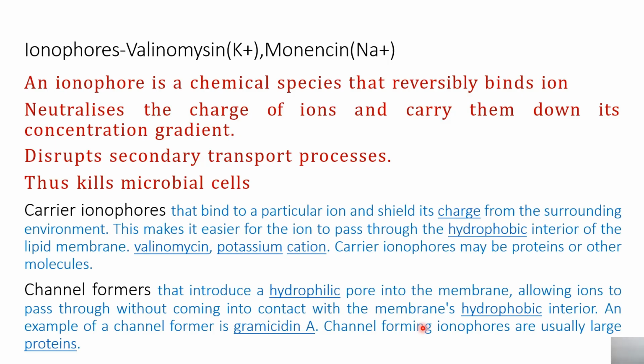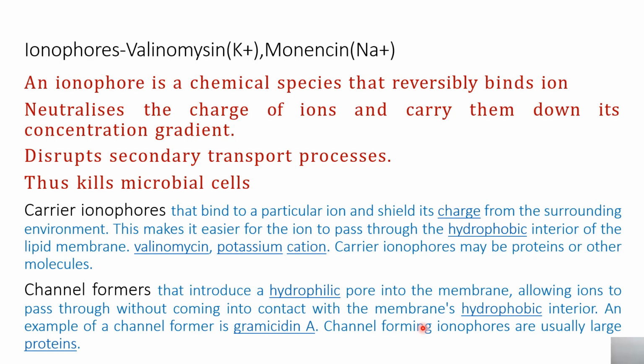Okay. Ionophore is basically a chemical species that reversibly binds ions, neutralizes the charge of ions and carries them down their concentration gradient. Okay, and it disrupts secondary transport processes and it kills microbial cells. So carrier ionophores bind to a particular ion and shield its charge from the surrounding environment. This makes it easier for the ion to pass through the hydrophobic interior of the lipid membrane, like valinomycin with potassium cation.